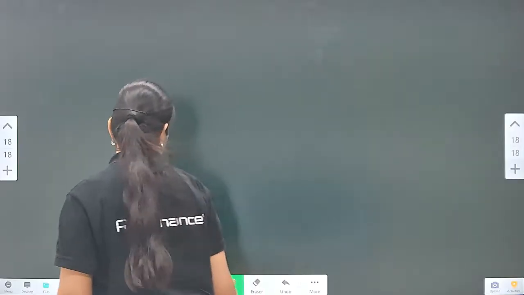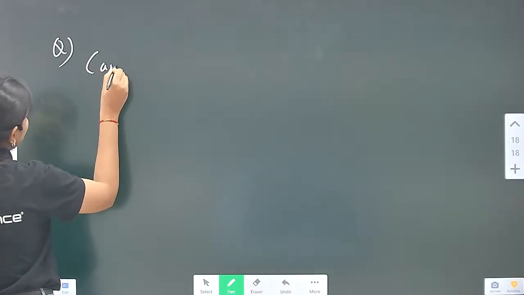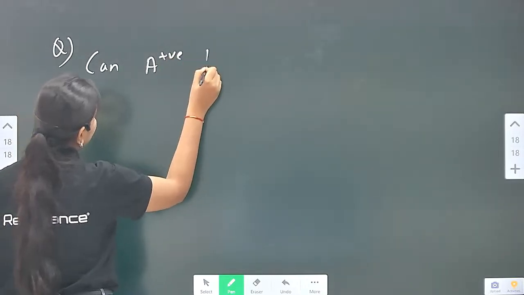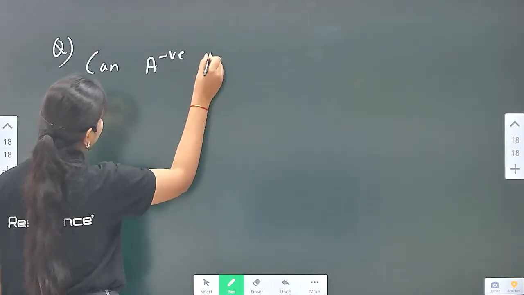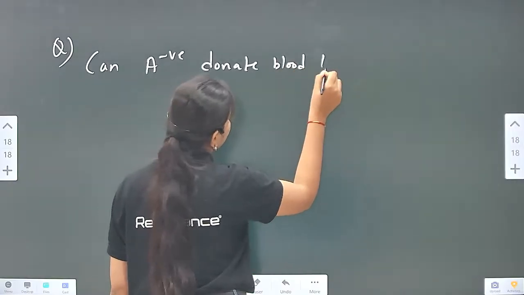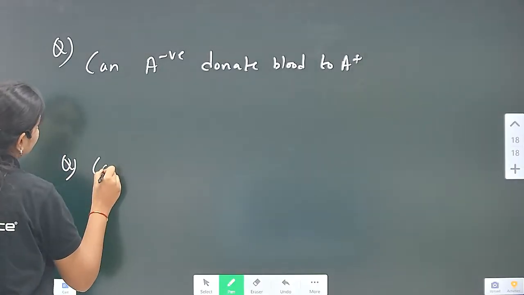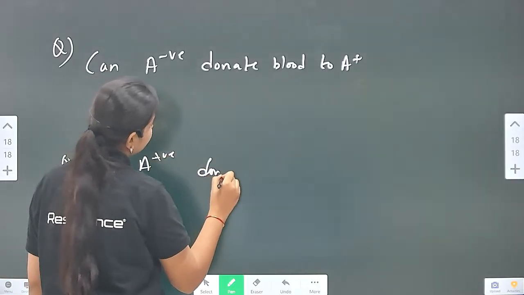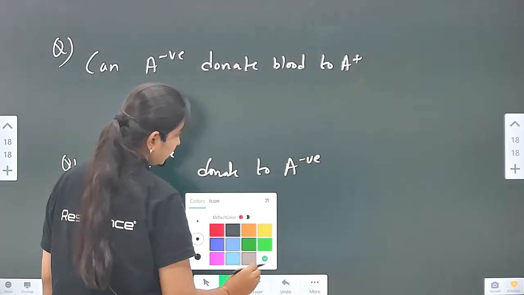Let me just write it down. So there is a first question. Can A negative donate blood to A positive? Next, can A positive donate blood to A negative? So what would be the answer?